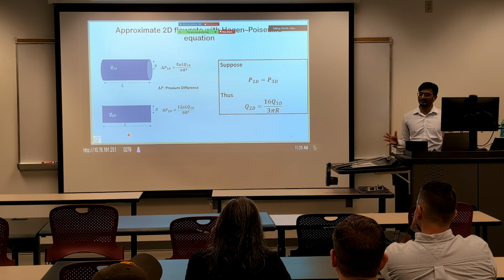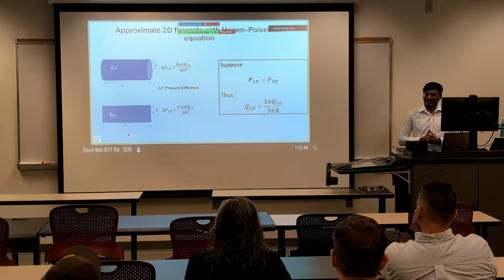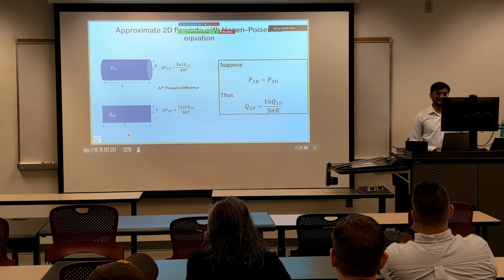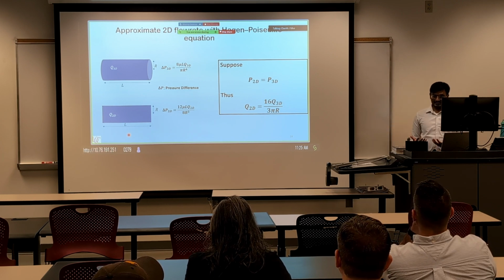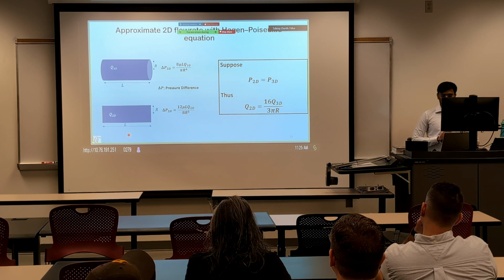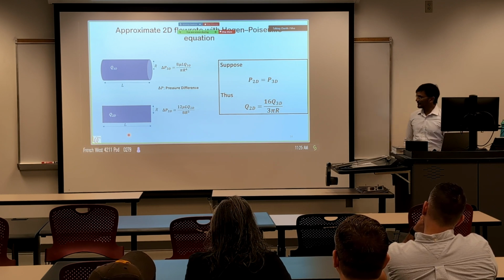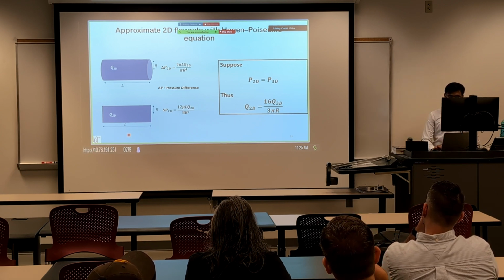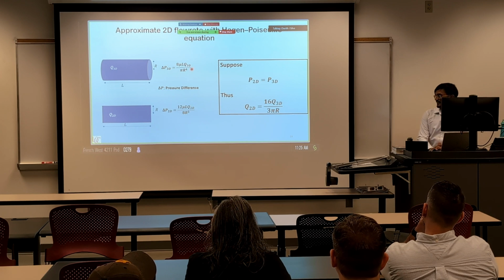It's very well defined, so you don't have to think about numerical calculations there. Since we have an analytical solution for the value of u, we can calculate the pressure and the flow rates using that analytical solution. And this is the result with respect to the Hagen-Poiseuille flow.